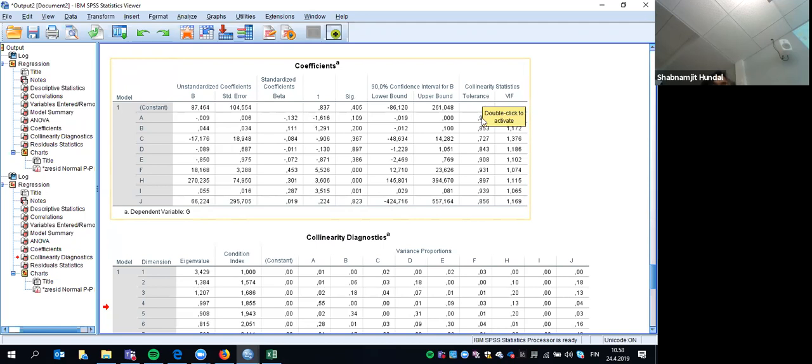The collinearity is shown by two variables. The first is called collinearity tolerance, and the second is called variance inflation factor, VIF.